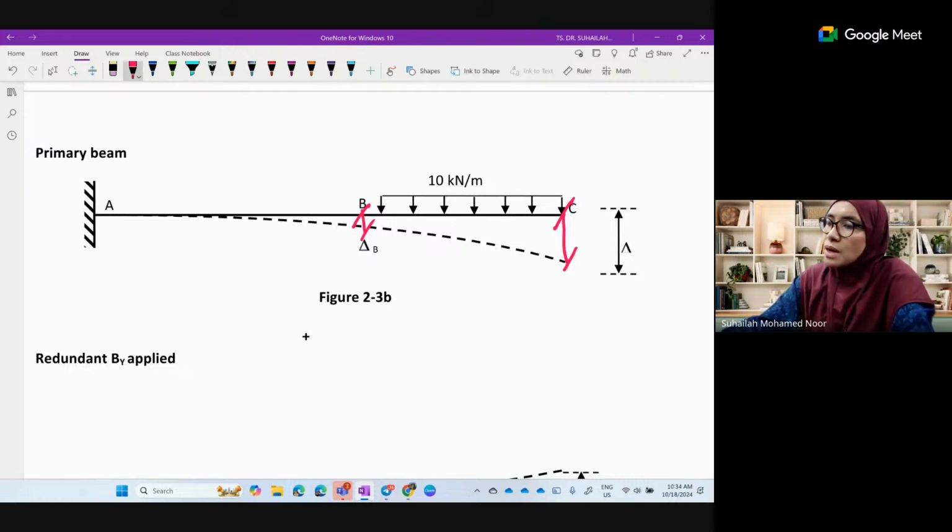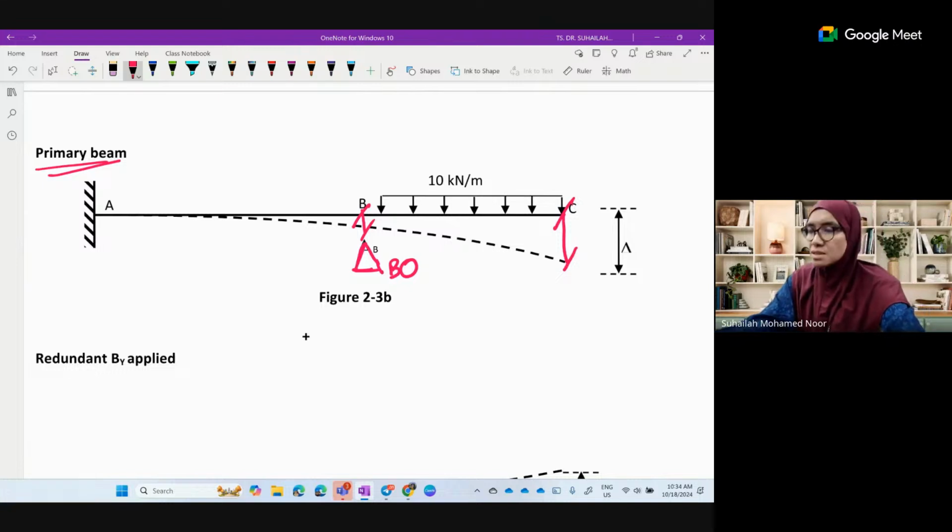Okay. So lepas we mark the delta, we have to label the delta. So delta at position B for primary beam, this is the symbol we use. Delta B naught. Naught is always the symbol for primary structure.